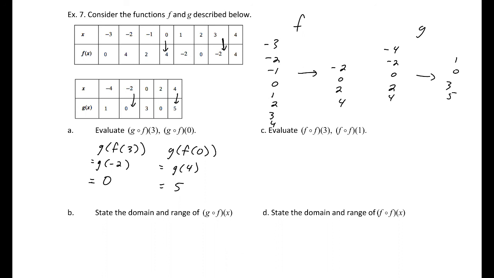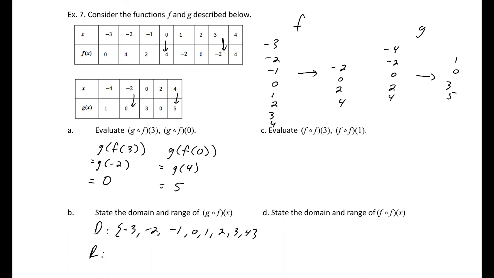Alright, so the outputs of f are these. Well, if we only consider those outputs as the inputs here, what we actually get is that the domain is that set -3, -2, -1, 0, 1, 2, 3, and 4.